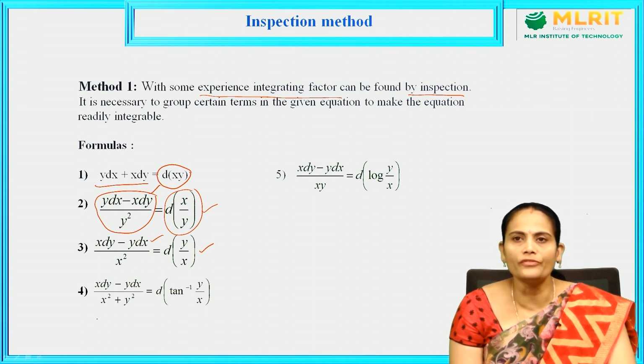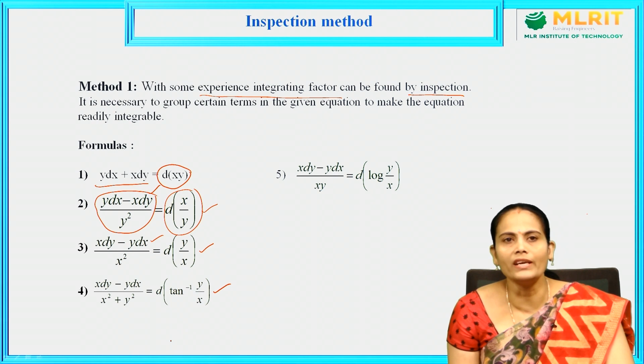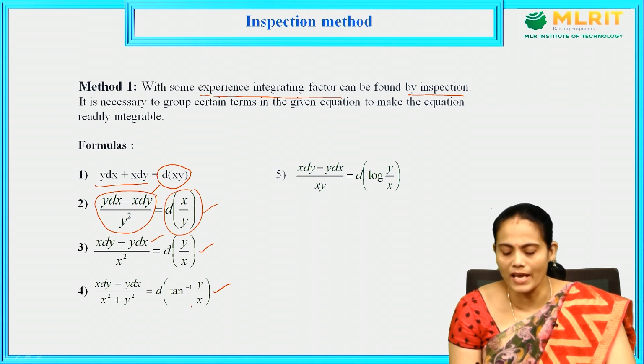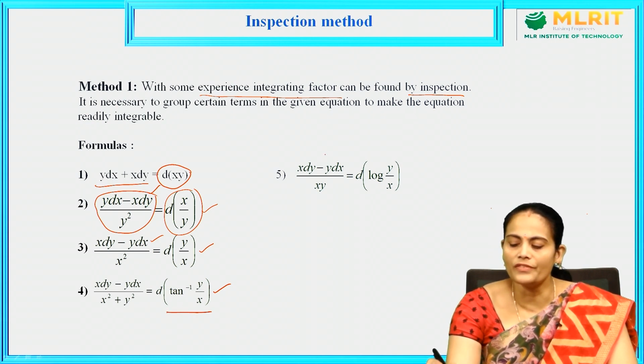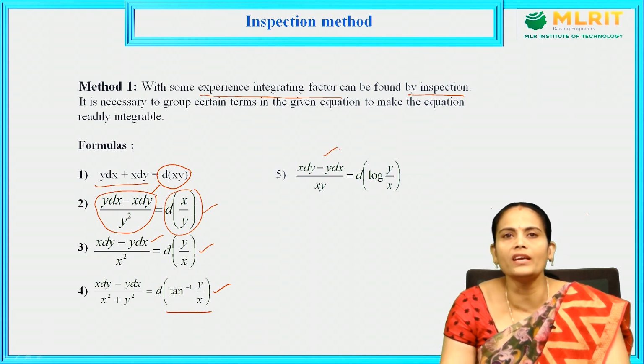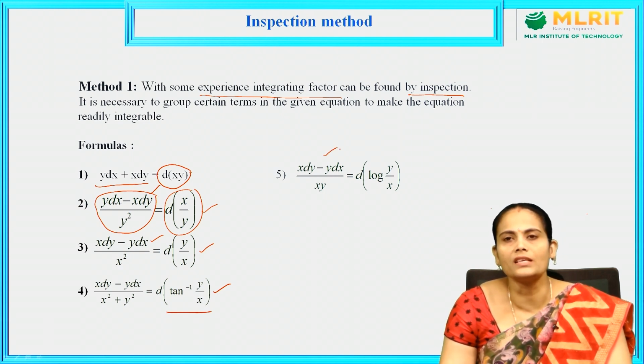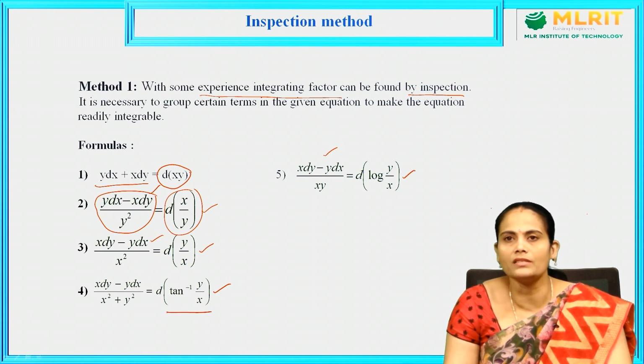Coming to the fourth formula, x dy minus y dx by x square plus y square can be taken as the derivative of tan inverse y by x. And the fifth formula is x dy minus y dx divided by xy, which can be taken as the derivative of log y by x.